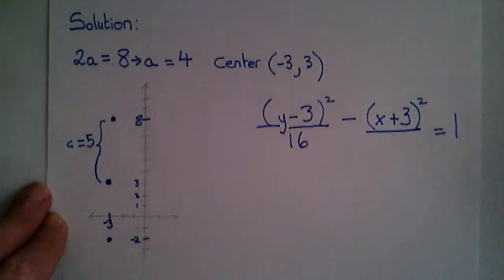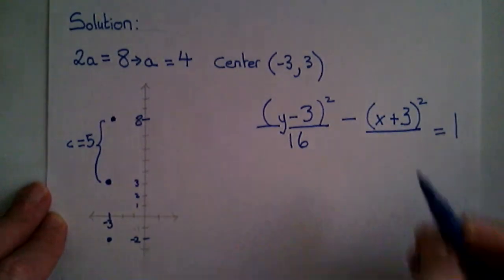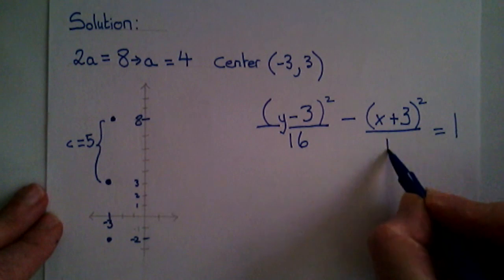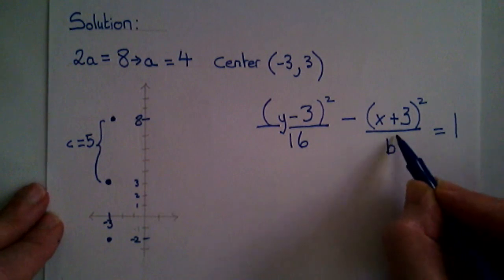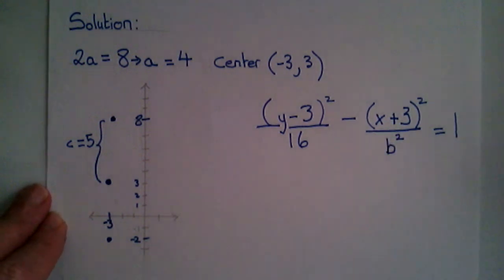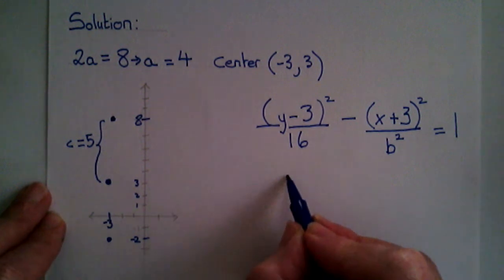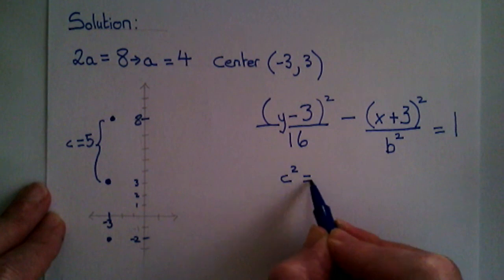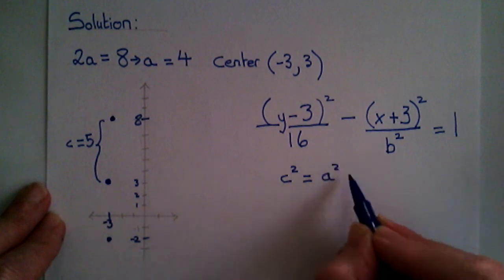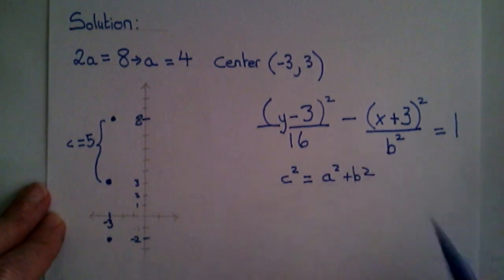And so all I have to do here is find b squared. Again, you're going to have c squared is equal to a squared plus b squared.